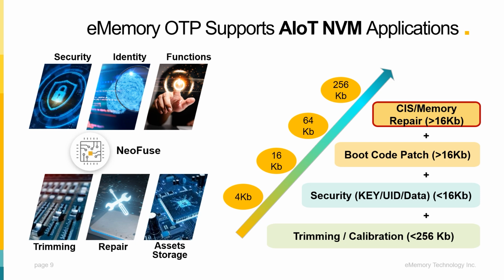Medium to high capacity OTP is employed for flexible boot code replacement. Additionally, OTP can serve repair functions, such as pixel repair of CMOS image sensors or memory repair. A notable trend is the use of high-capacity OTP for repairing SRAM or other types of non-volatile memories.